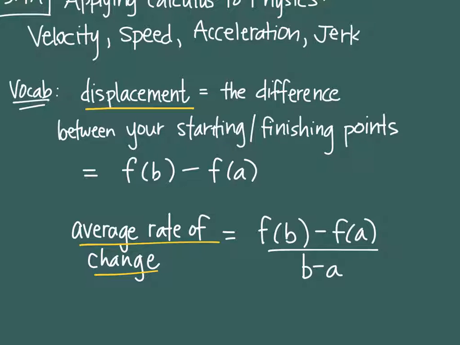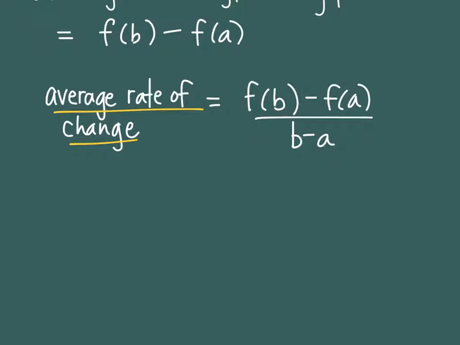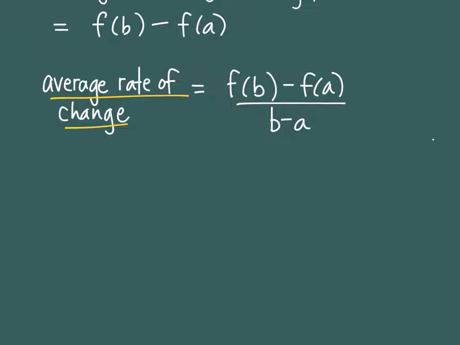That's different than average velocity. All right, we got to talk about what velocity is. Then you've got the average rate of change. You have the instantaneous rate of change.